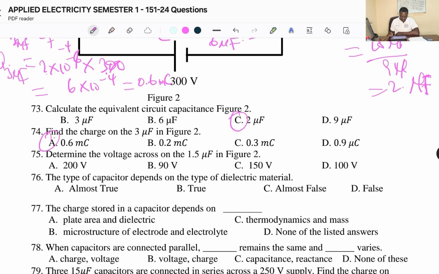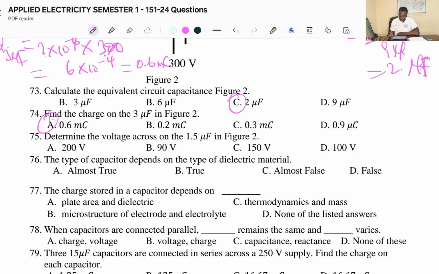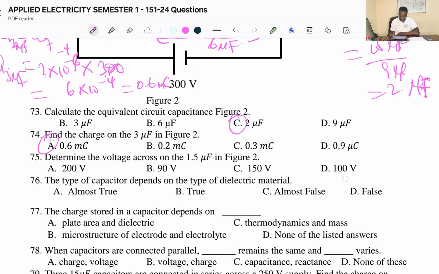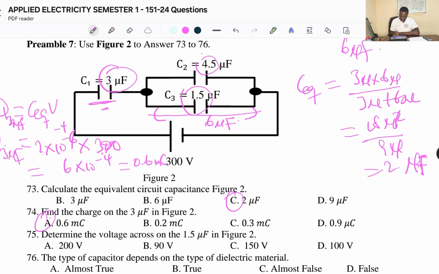Question 75 is A. Determine the voltage across the 1.5 microfarad in figure 2. So in figure 2, we are interested in the voltage across this. You can see that 4.5 microfarad and 1.5 microfarad are in parallel.